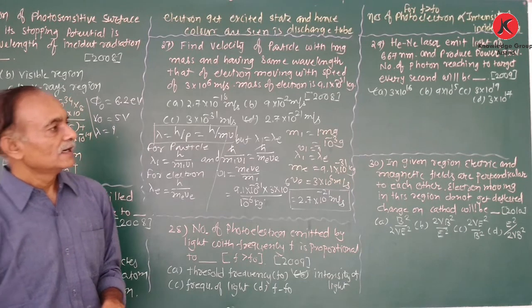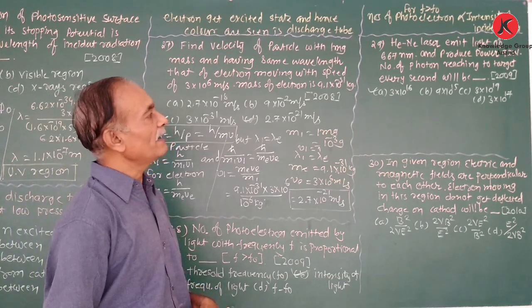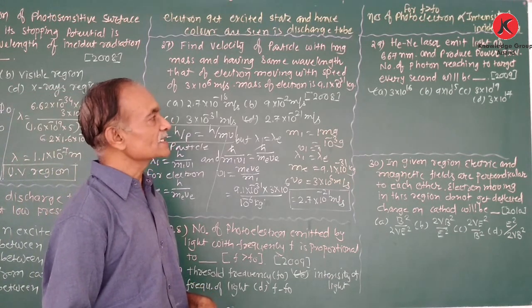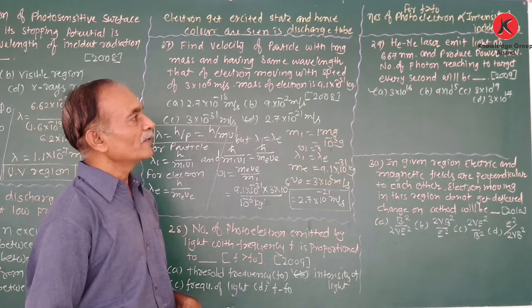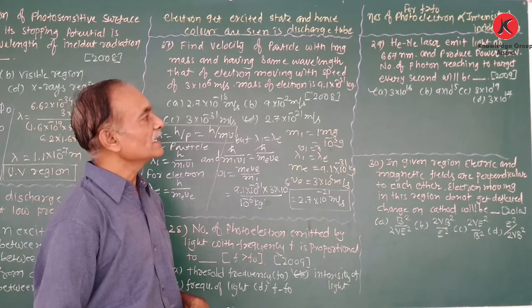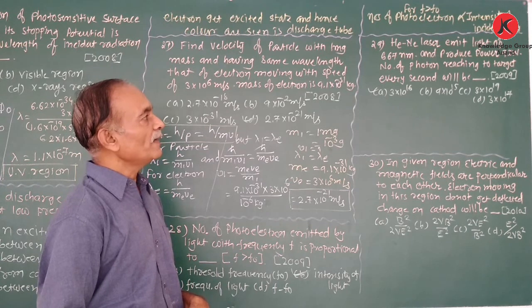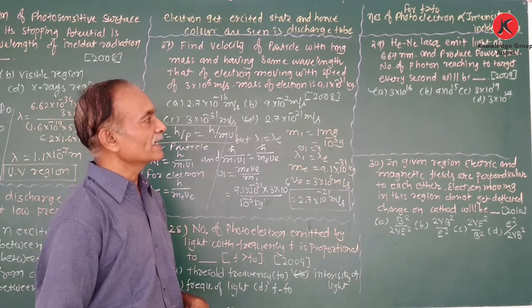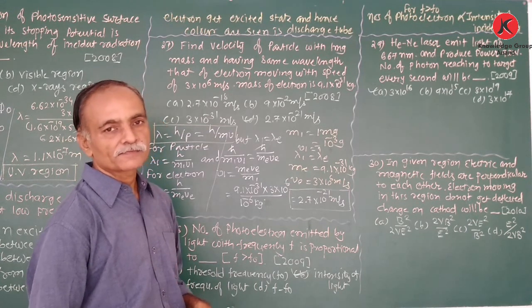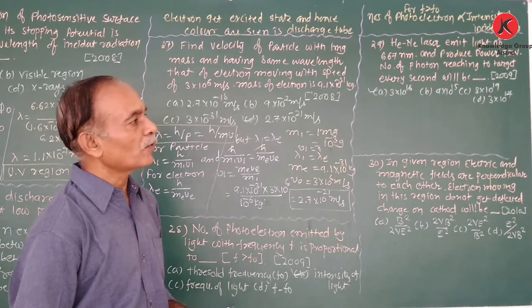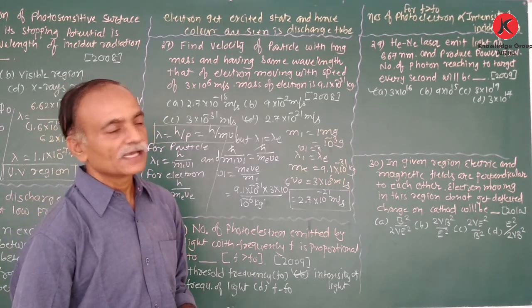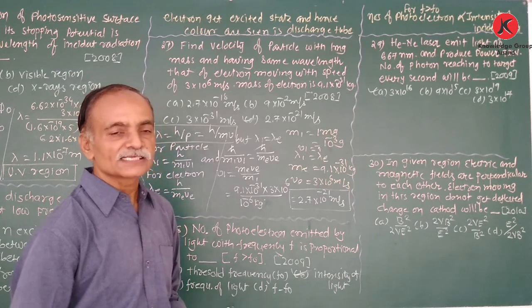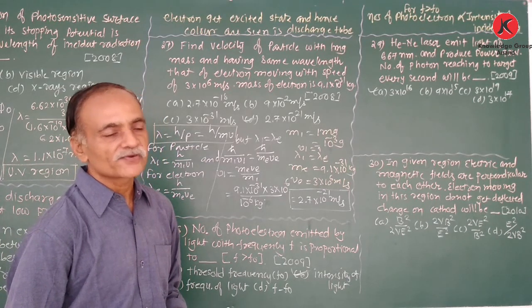Now next, a helium neon laser emits light of 667 nanometer and produces a power of 9 kilowatt. The number of photons reaching the target per second will be? We have to find the number of photons incident on the photosensitive surface.